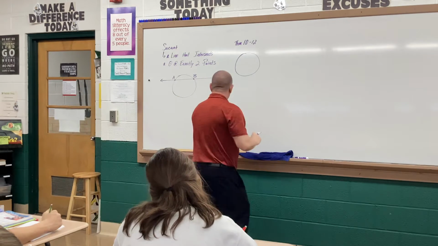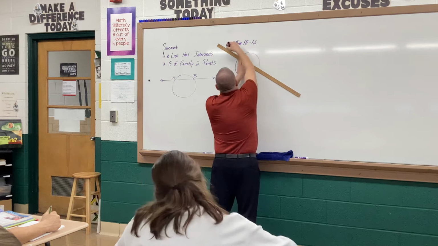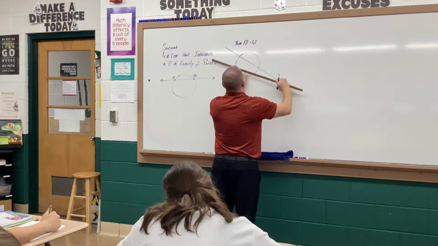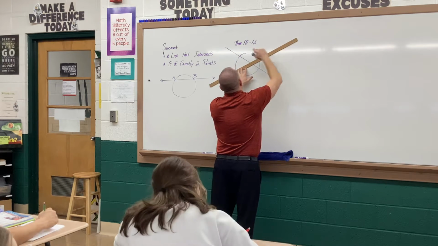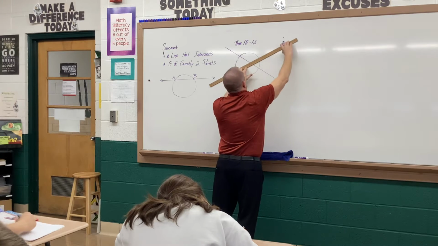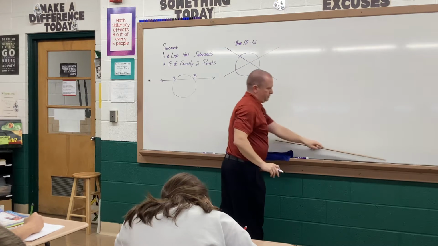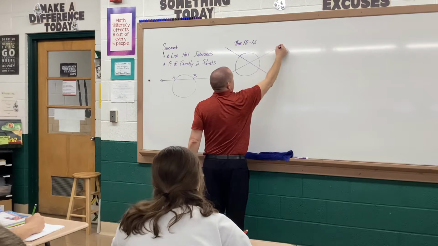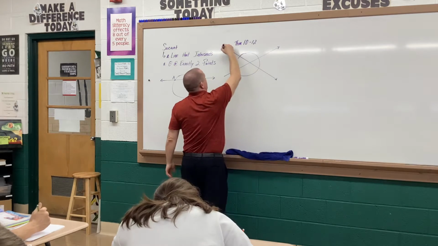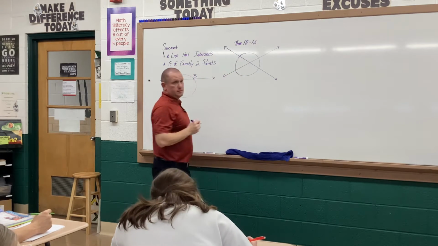Okay? So like this. For argument's sake right now, you can do this anywhere, but I would try to do it a little bit more towards the middle, but it doesn't really matter where you go. Would you all agree that these are secants? Yeah. Okay?